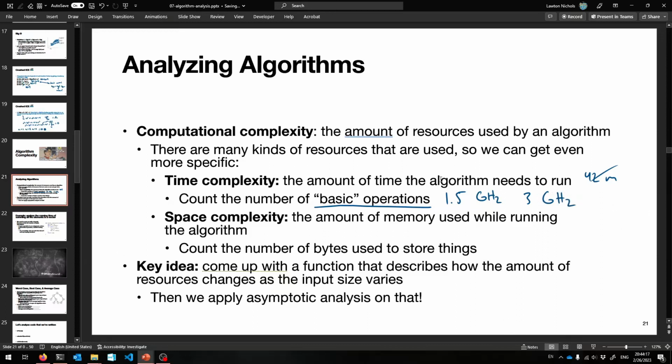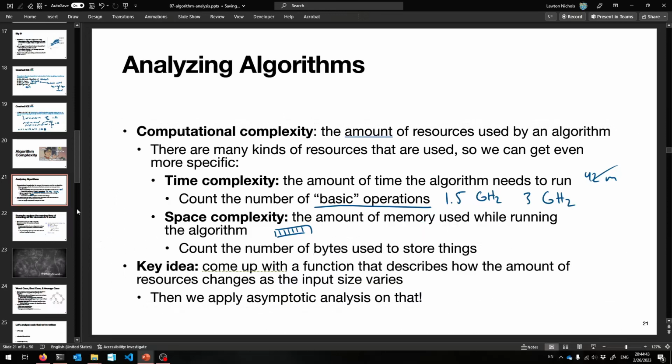So that's why you can't really use time. We're just going to count operations, assembly instructions, kind of, if you know what that is. Okay? So, yeah, that's time complexity. Space complexity is, all right, for a given input size, how much memory do I need? Do I need to make an array or a vector? How long do those need to be? In number of bytes, essentially. That's what you're getting at.